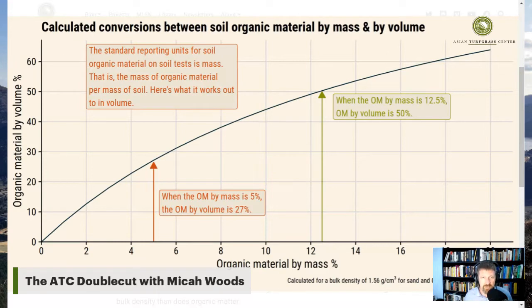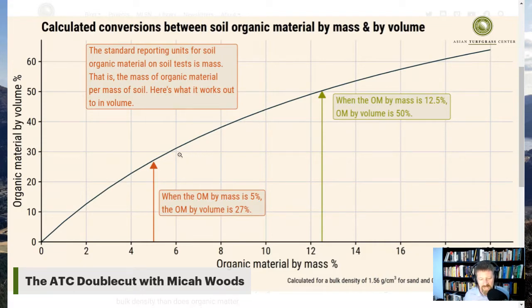The standard way to do it is express it as the weight of organic matter per weight of soil, multiply that by 100, and there's your percentage. So 5% organic matter by mass is 50 grams of organic material in a total soil weight of 1 kilogram.